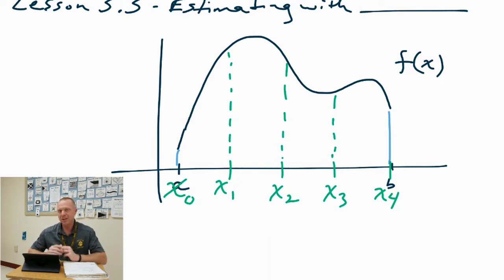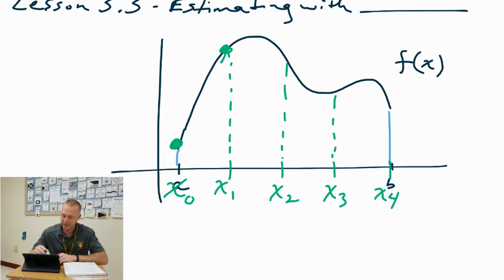But can you think of a better shape that we could use to connect the dots between these subintervals? Can you think of a better shape than a rectangle? Well, it turns out that you're right. That better shape has always been, and really should be, a trapezoid.